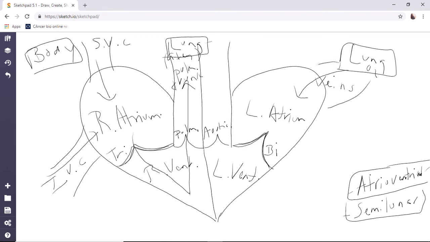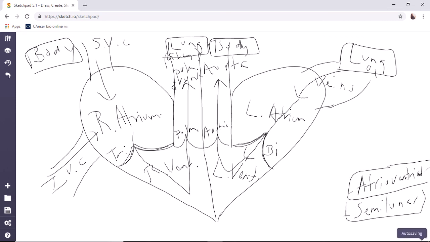Those are going to come into the left atrium. So you travel in, gravity, through the bicuspid, and then you're going to pump out the left ventricle to the body. And we pump out to the body through the aorta. The aorta is that big vessel that comes off the top of the heart. And so you go out to the rest of the body.